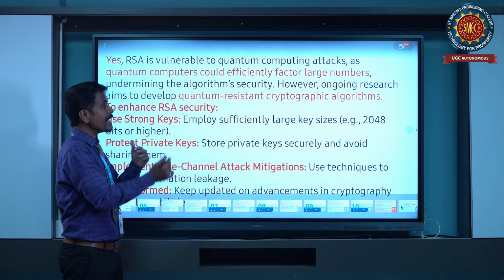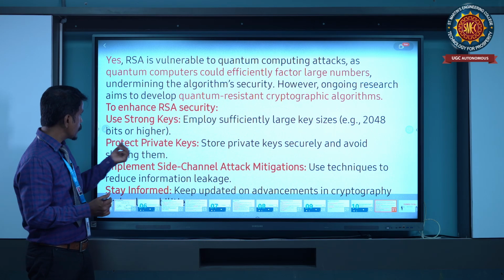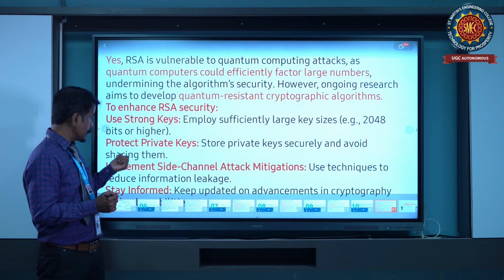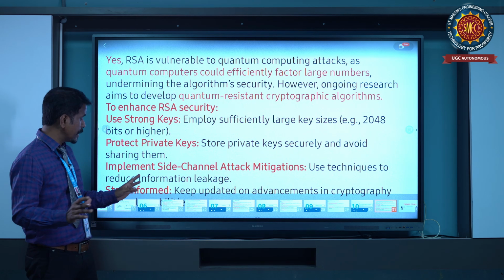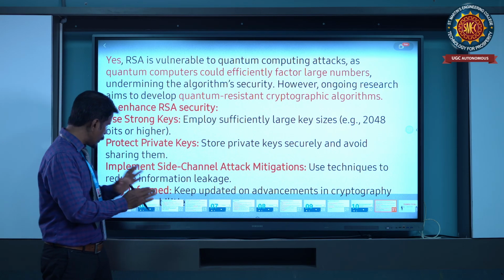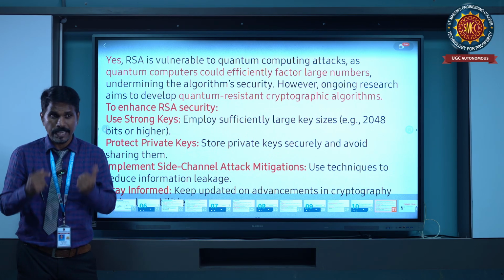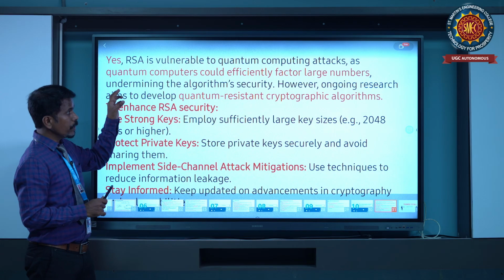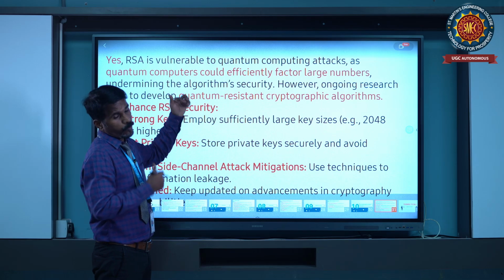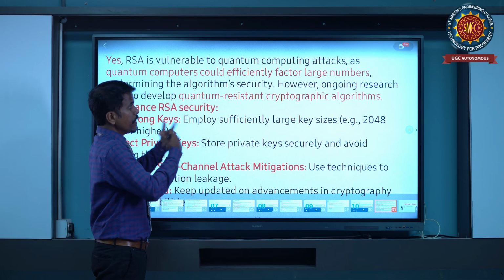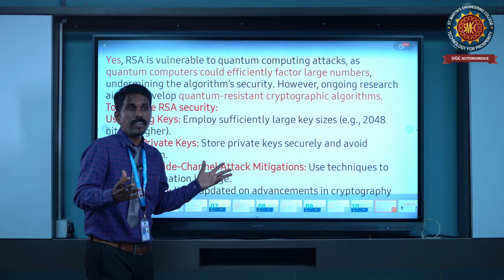However, we need to enhance the security of the RSA algorithm. What are the ways to enhance it? Use strong keys, protect private keys, and implement side channel attack mitigations. Using these techniques we can avoid leakages and stay informed. One more thing we should understand in current research: if I use a quantum computing system, any very large number can easily be broken, which means any number can be factorized.